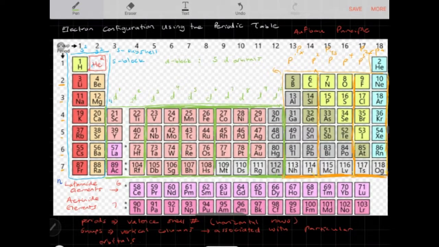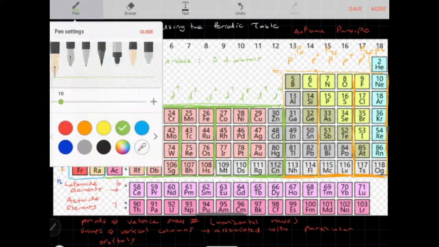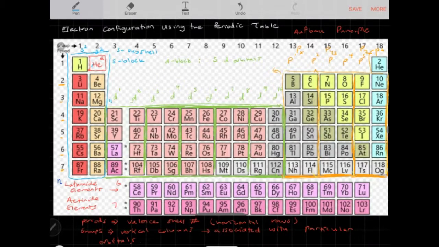So for instance, if I wanted to look at the electron configuration of manganese, which is atomic number 25, right? So if I'm looking at manganese, let's do the condensed method. So we would write argon out here, right? Then from argon we go 4s1, 4s2, 3d1, 3d2, 3d3, 3d4, 3d5, right?